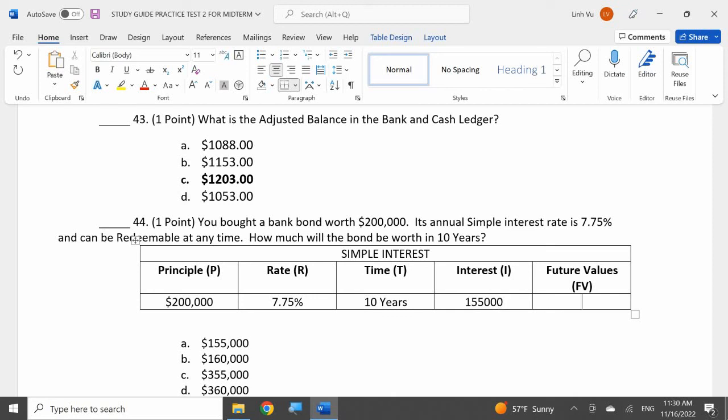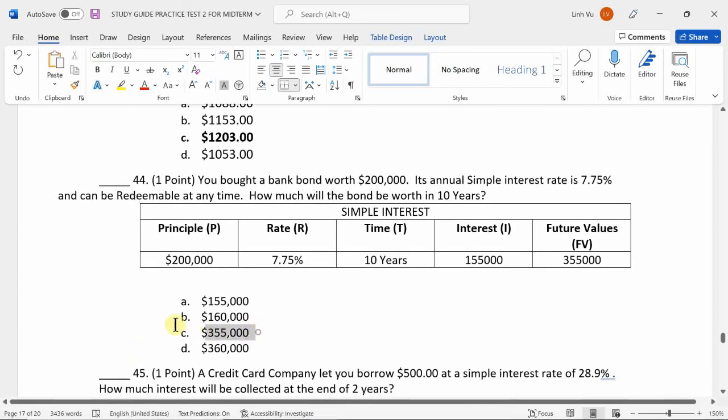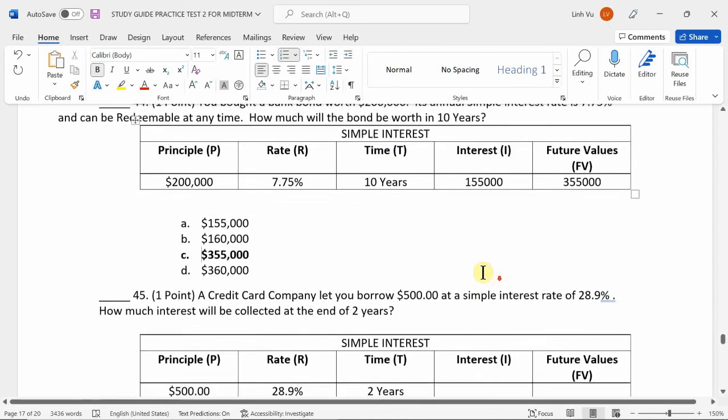Okay? And to get your future value, you're going to add your principal of $200,000 to get you a total of $355,000. So in this case, that is your future value, the $355,000. Be careful what I'm asking you. Am I asking you for interest or am I asking you for future value?